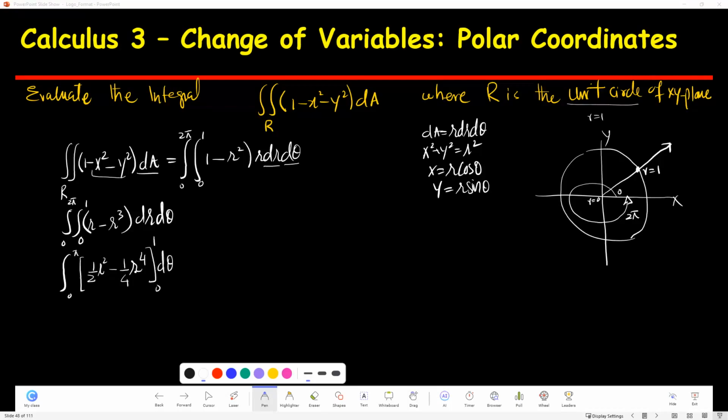The values of the limits are given, so I'm going to substitute the values. So this one is going to be half, 1 minus 1 over 4, 1 minus 0, d theta.